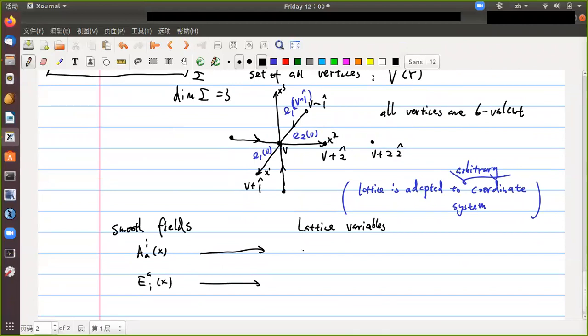Firstly, on each edge, we are going to define something called holonomy. Each holonomy is an SU(2) group element. This is called holonomy, or Wilson line.